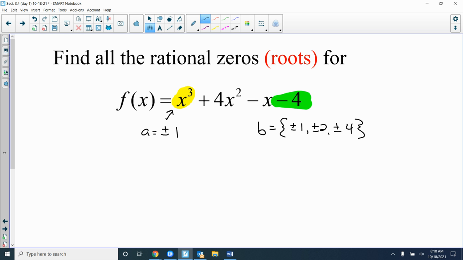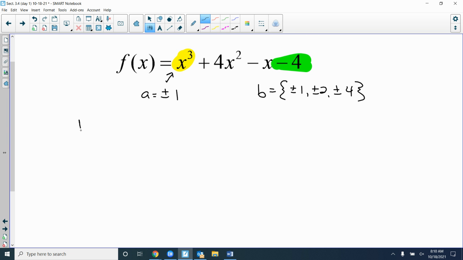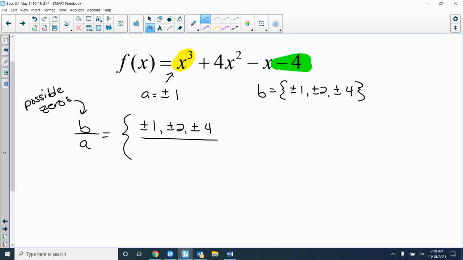Now, according to the rational zeros theorem, B over A will be a possible zero. So basically we take all our B's, plus or minus 1, plus or minus 2, plus or minus 4, divided by all our A's.